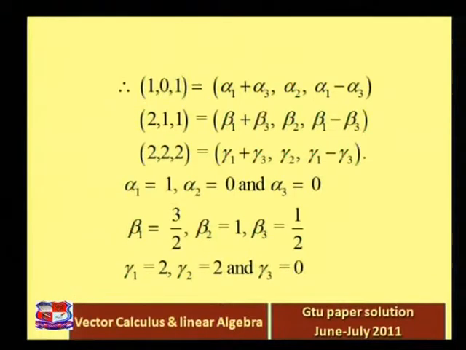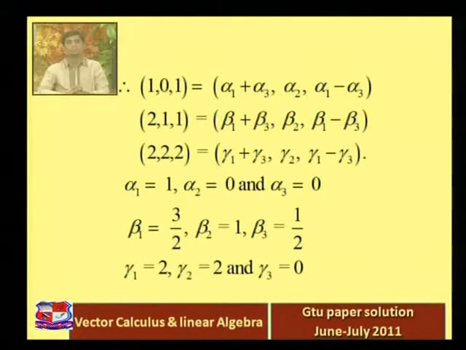Solving these three equations, we get alpha 1 equals 1, alpha 2 equals 0, and alpha 3 equals 0. Again, beta 1 equals 3/2, beta 2 equals 1, and beta 3 equals 1/2. And gamma 1 equals 2, gamma 2 equals 2, and gamma 3 equals 0.